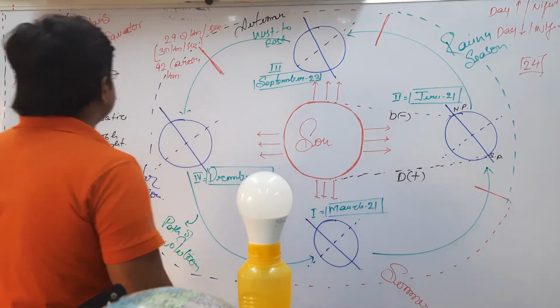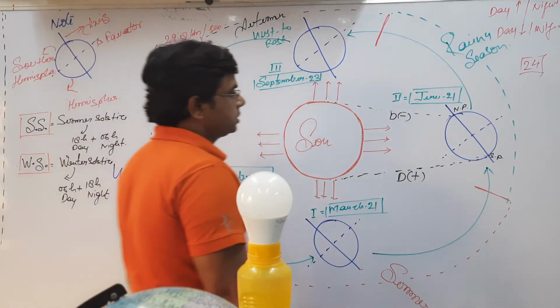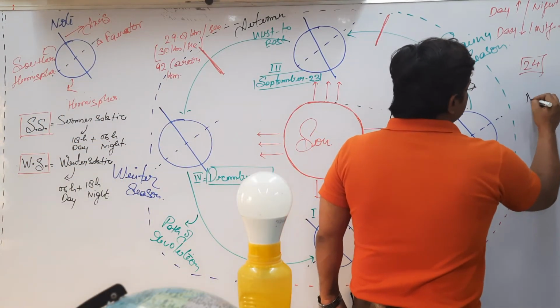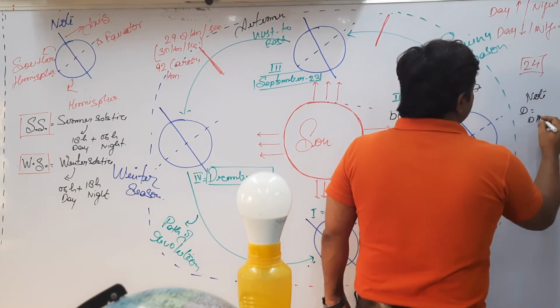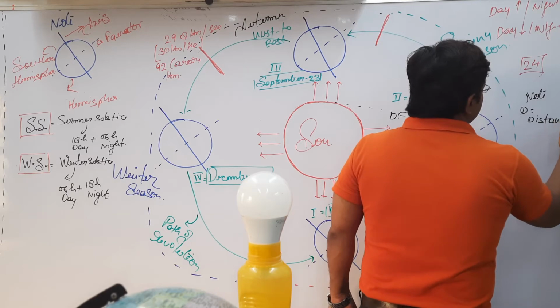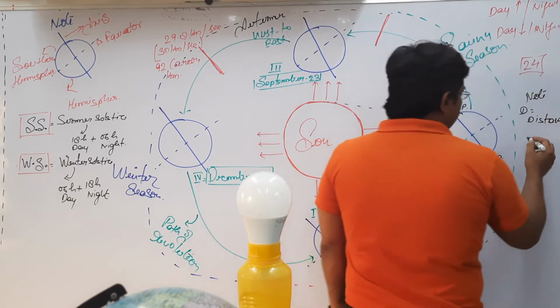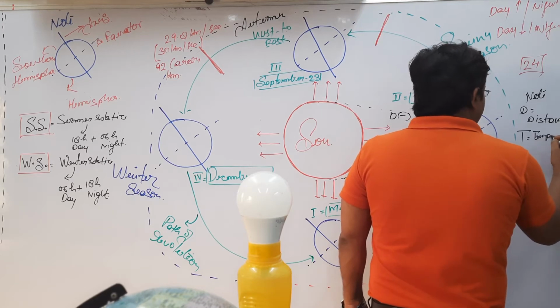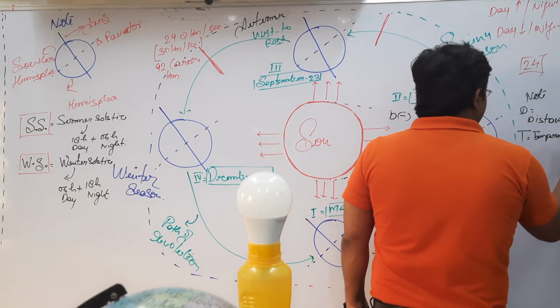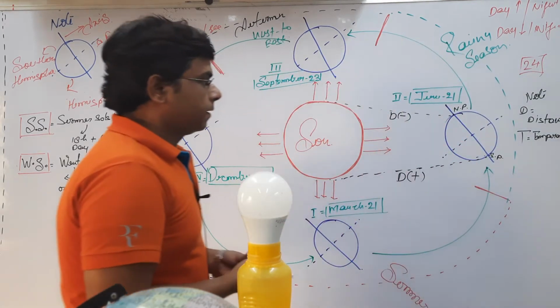D for distance, note. D for distance and T for temperature, right?